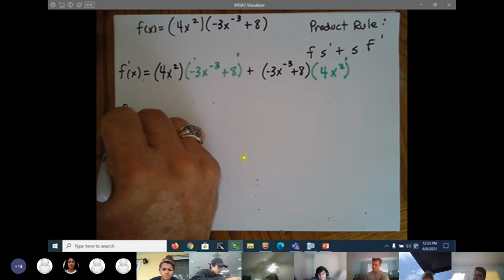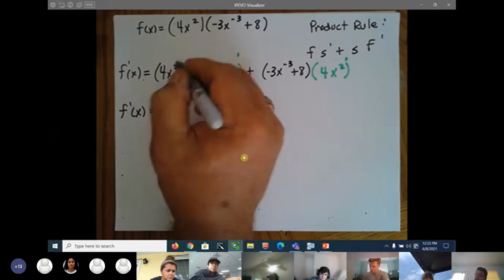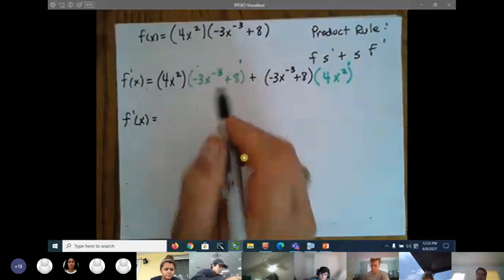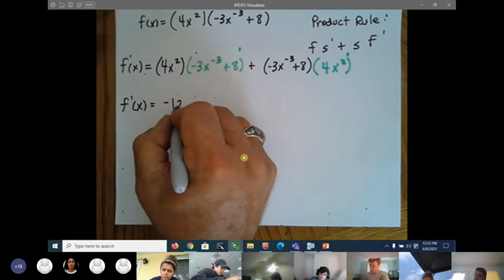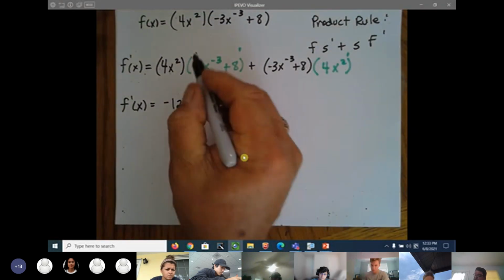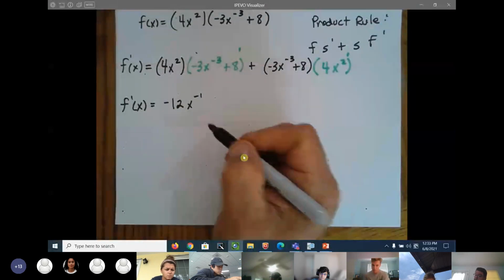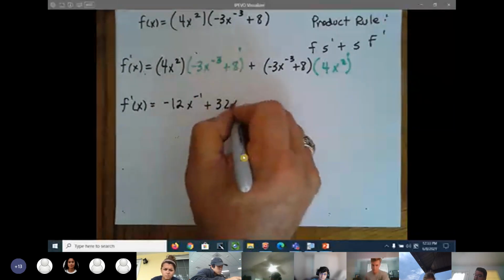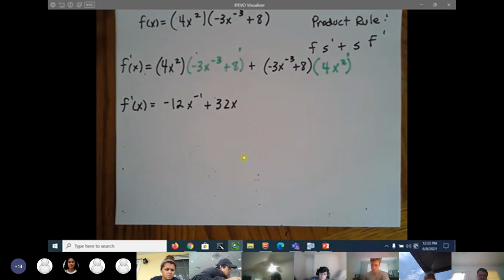So f prime of x, distribute this, that's going to be negative 12, 2 minus 3 is negative 1, plus 32x squared. Oh, I didn't take the derivative. Oh, shoot. Let me just skip that.